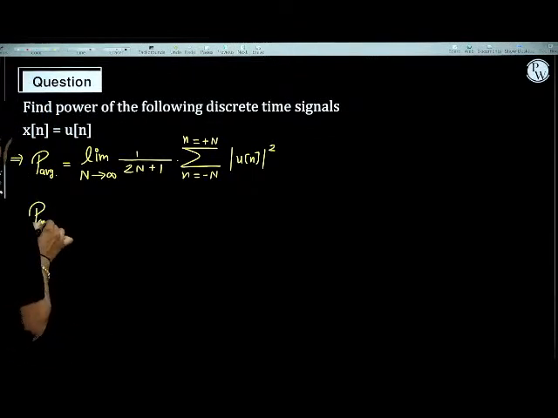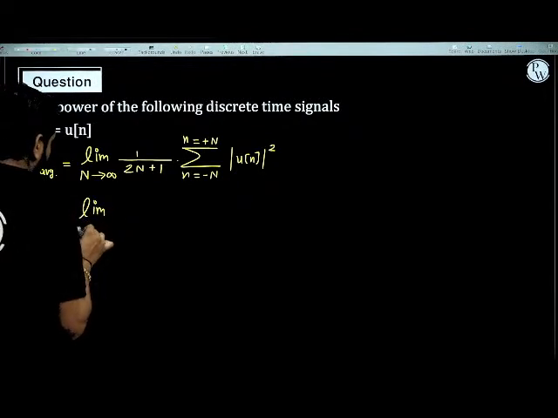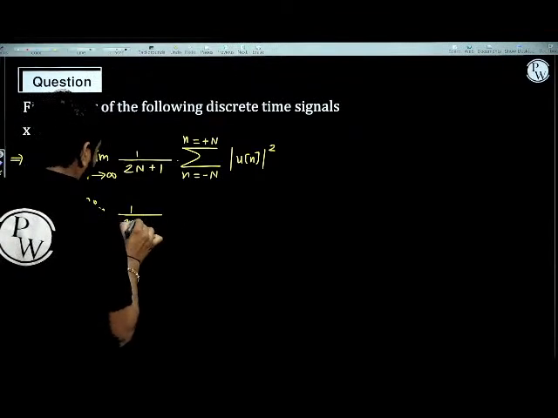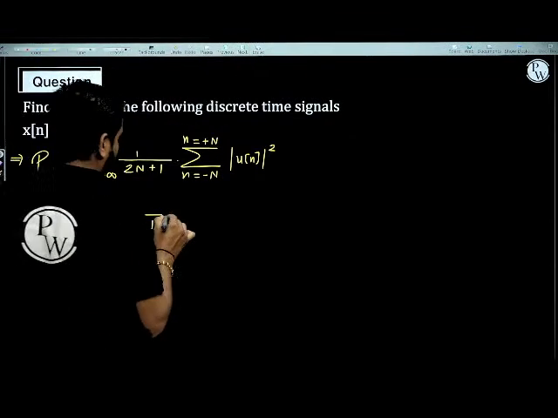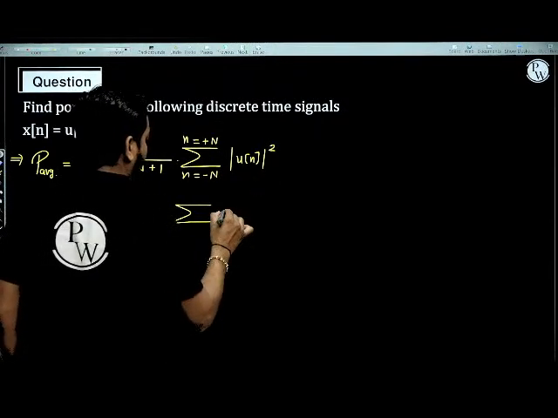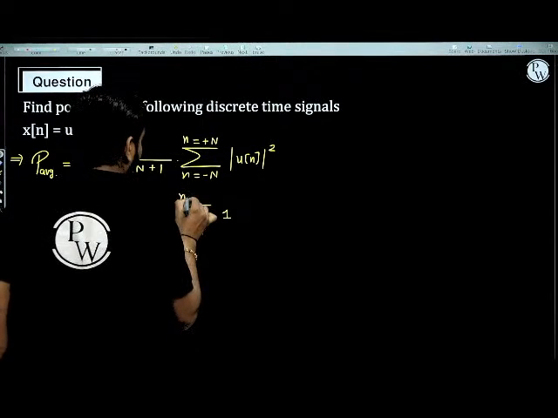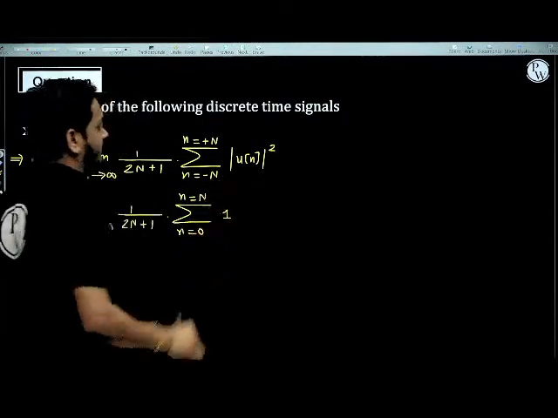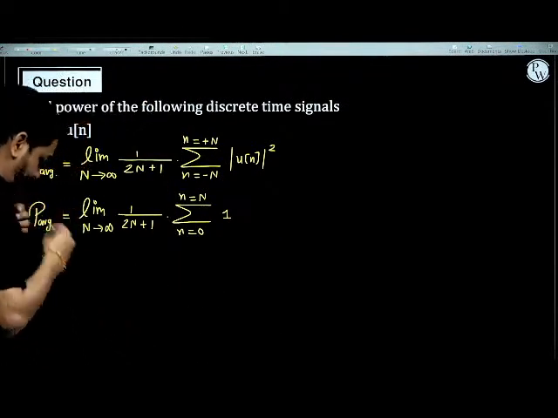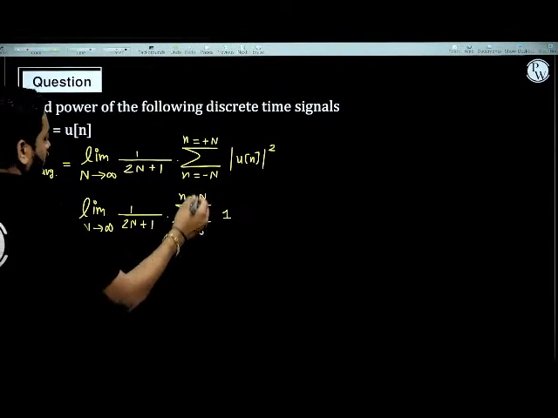So the average power is limit N tends to infinity of 1 upon 2N plus 1 into the summation. Here what is the value of u of n? That is nothing but 1. So the summation runs from 0 to capital N, because for negative values of n, u of n is 0.